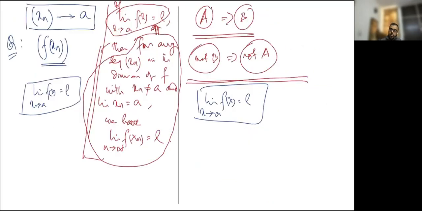And that is precisely the negation of this statement. Negation of this statement is there is a sequence with all these properties, that x_n's are different from A and limit x_n is A, but one has limit of f(x_n) different from L. Either it does not exist or it's different.